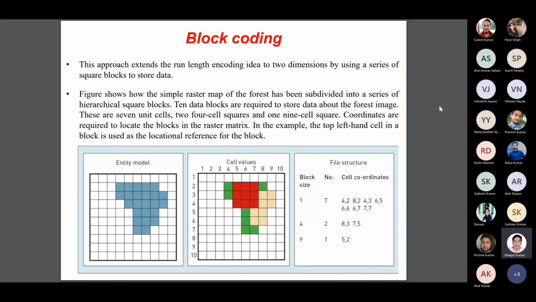Suppose there are three possibilities. How will we know the minimum bit required to represent this coding is minimum? Suppose this data should be stored in bits, right? So how do we know this is the minimum data required to encode this one?